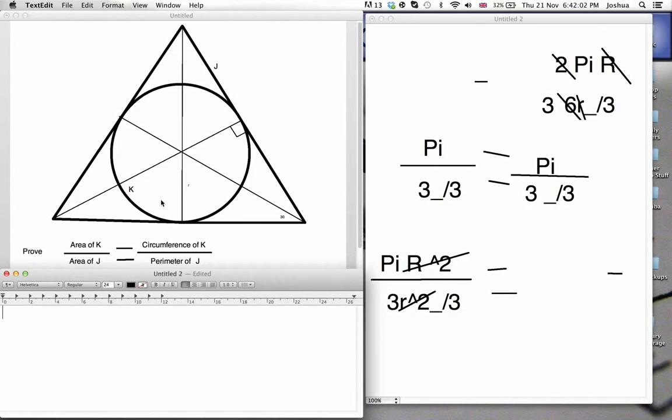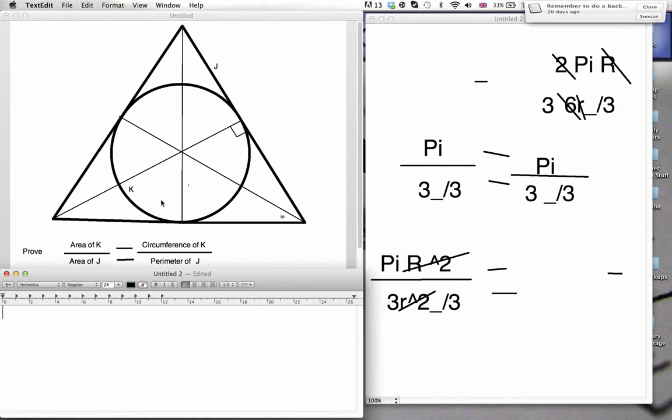This can be expressed, I should have said the ratio, as pi r squared divided by 6r squared square root of 3 divided by 2, which is equal to pi divided by 3 times the square root of 3.